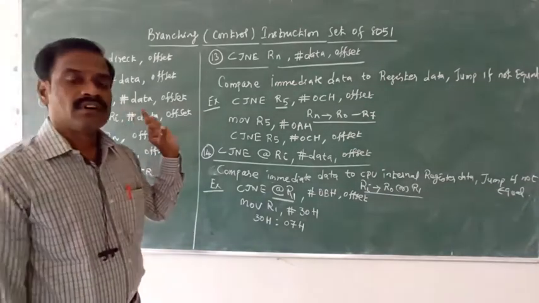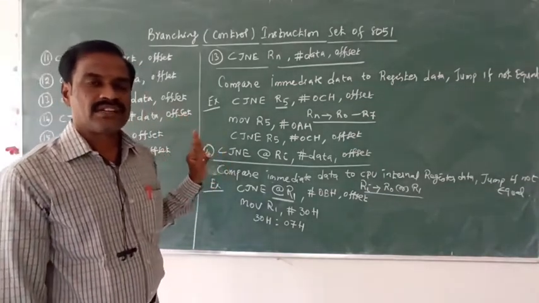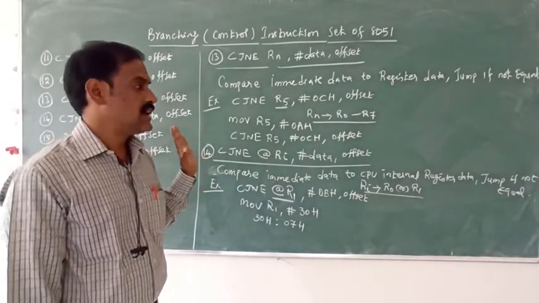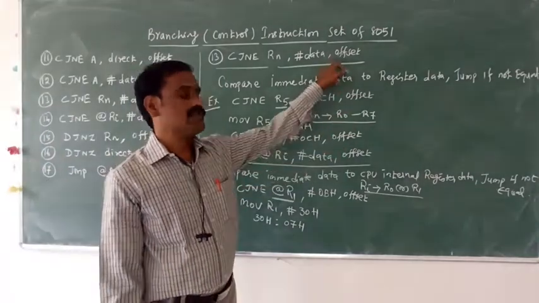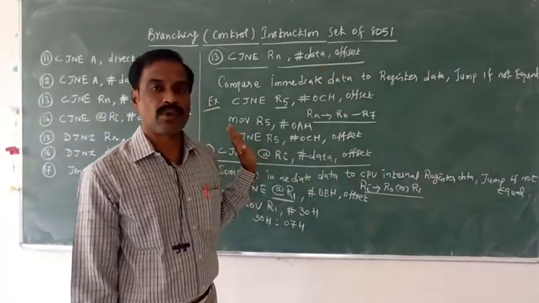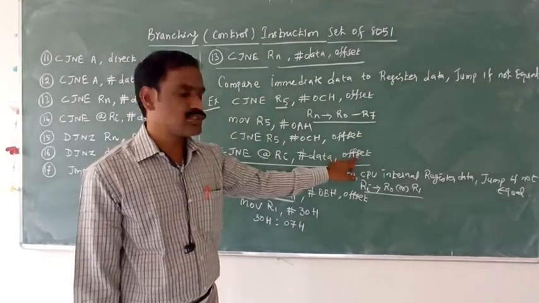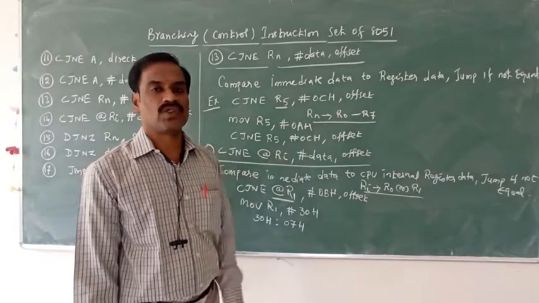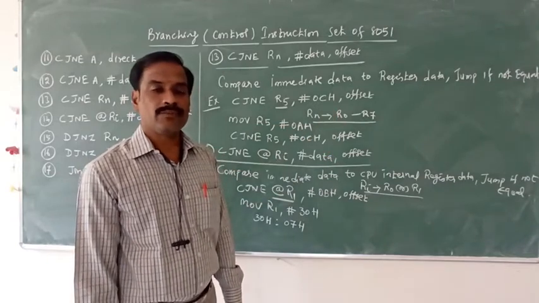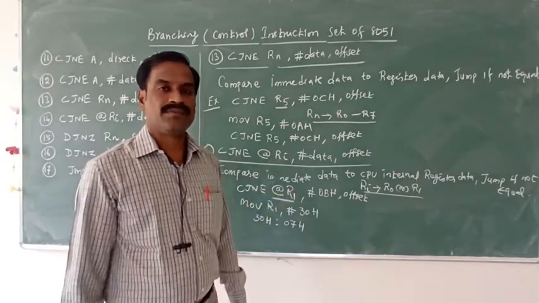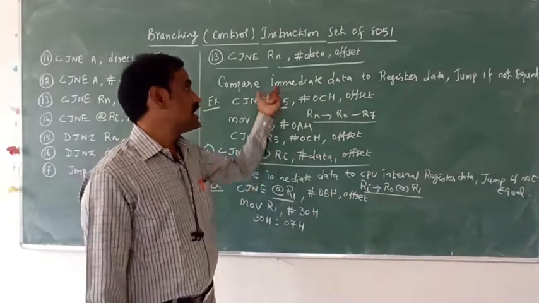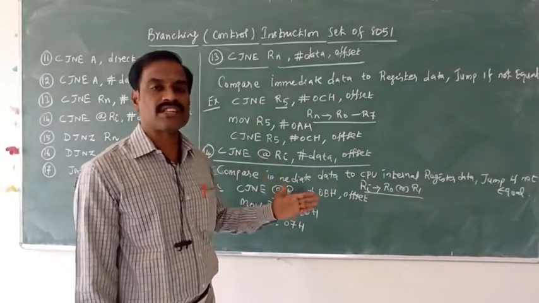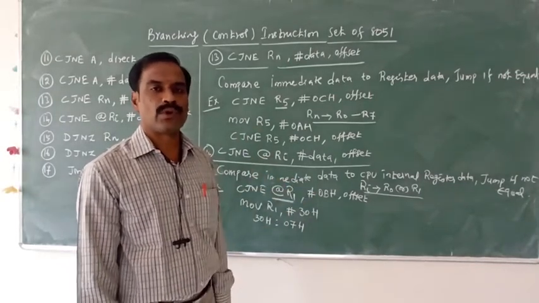If after comparison both data are not the same, it jumps to the given memory address location. At that time the program counter address will be changed to this memory, and it will execute from that memory address location data. If both data are the same, this condition will be unsatisfied, and it will execute the next memory address location of the program.